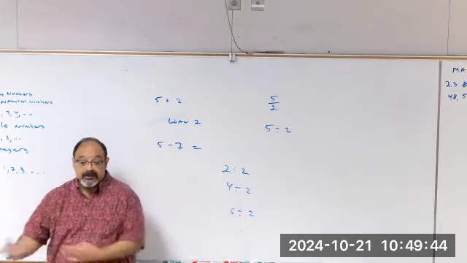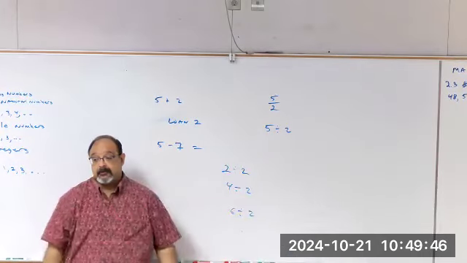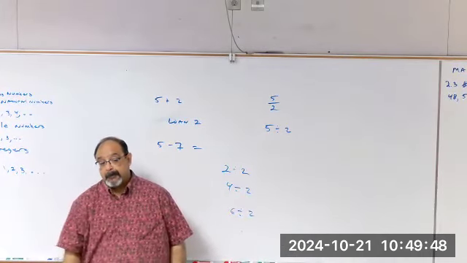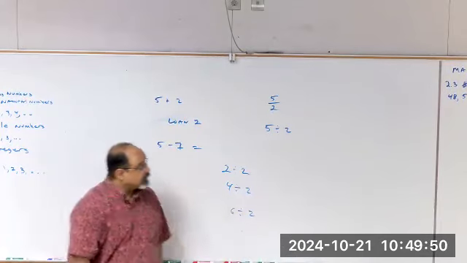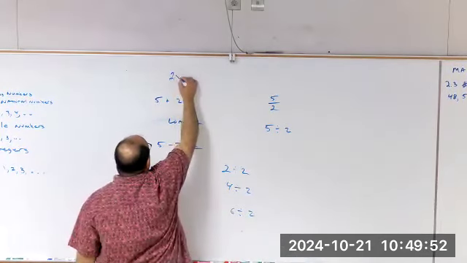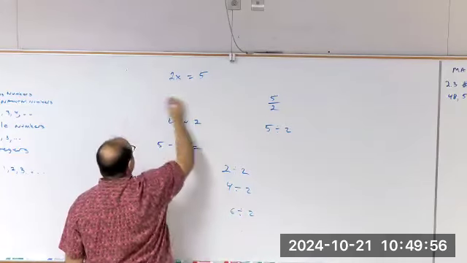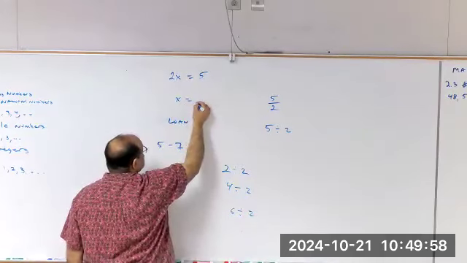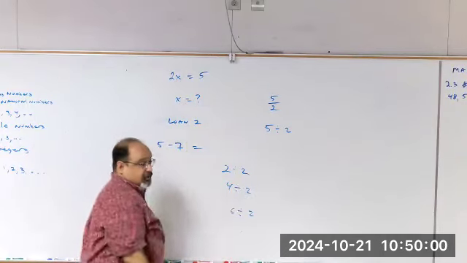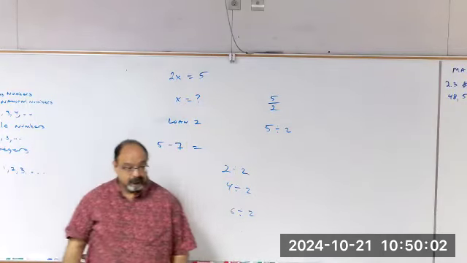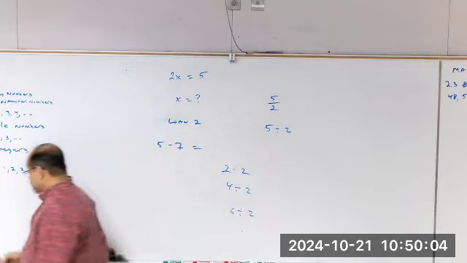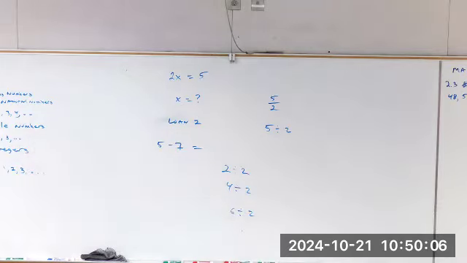So there must be another set of numbers where 5 over 2 exists. Okay? Because there's no answer right now. If you have 2 times x equal to 5, there's no answer in an integer where this works. They stopped. So there must be another set, and that set is called the rational numbers.